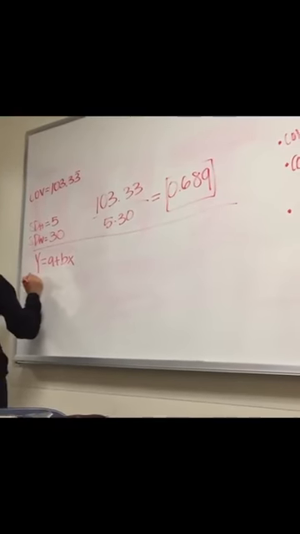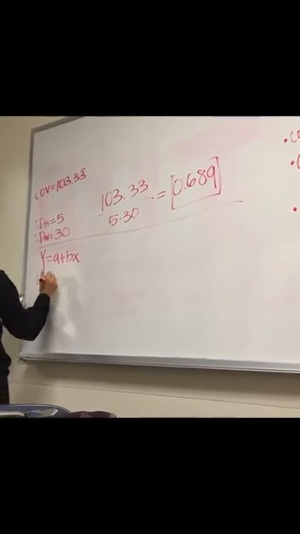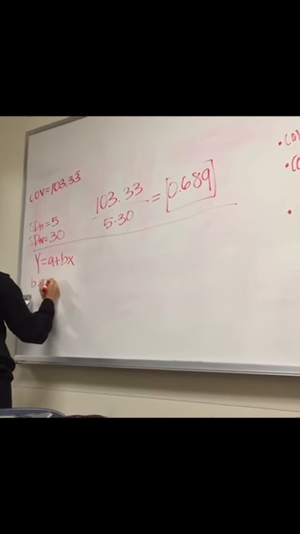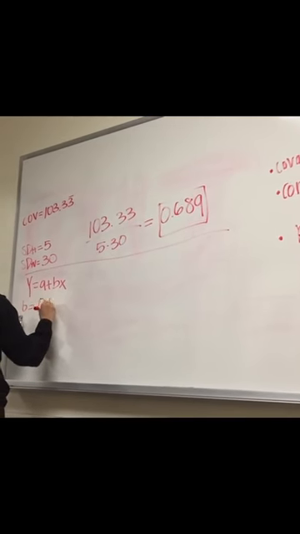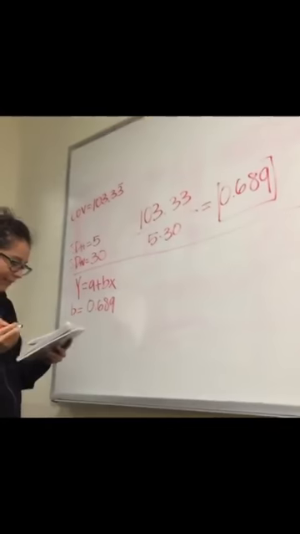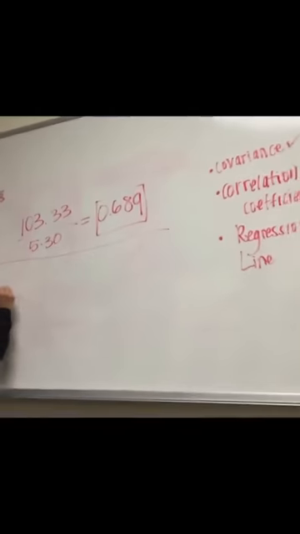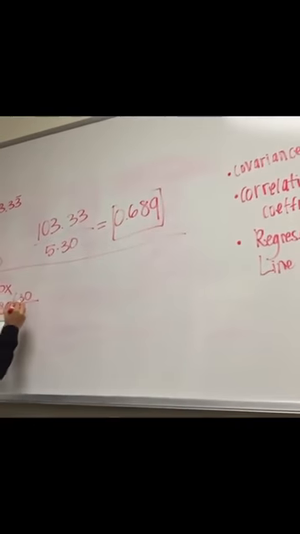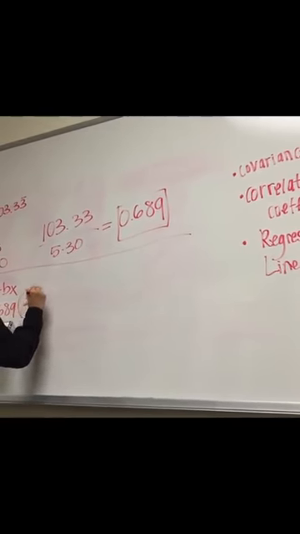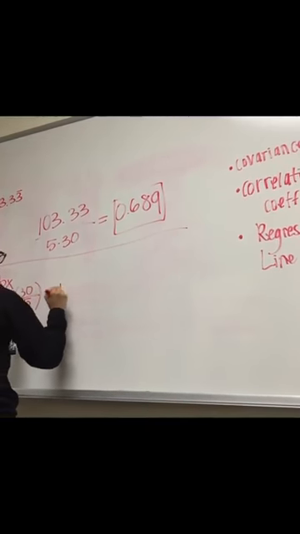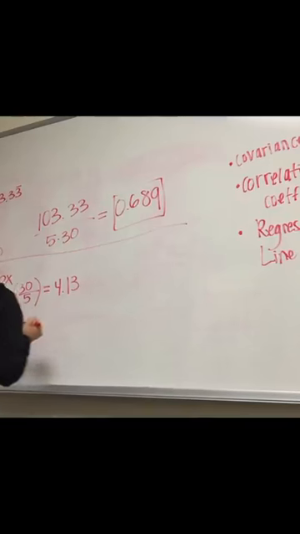The b in this formula is what we got for the correlation coefficient, 0.689, multiplied by the standard deviation of weight, which is 30, over the standard deviation of height, which is 5. And that is equal to 4.13.